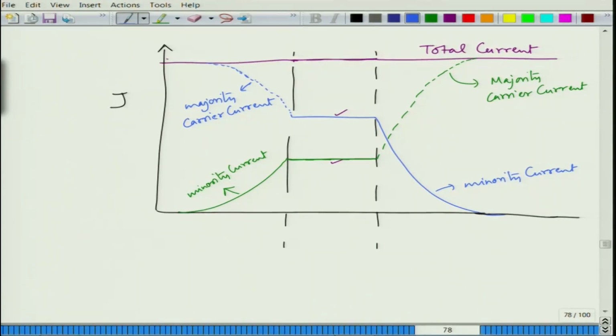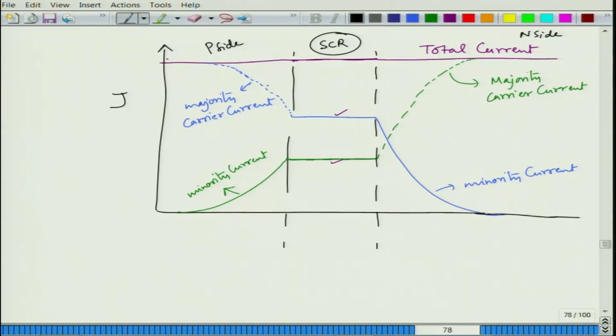Let me explicitly write it. This is P side, this is N side, and this is space charge region. Majority carrier is carrying the maximum amount of charge, and in the P side it is hole, and electron is the minority carrier in the P side.